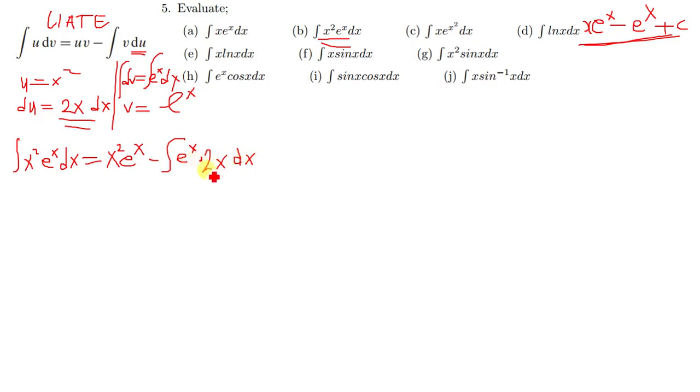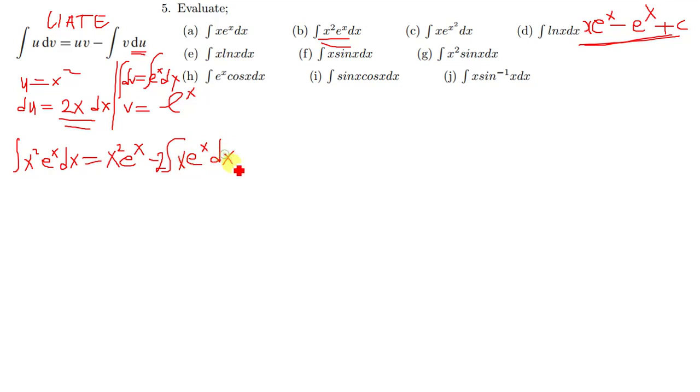So we can see that this expression can also be written in other form. It can also be written as two outside, and then we have x e to the power x dx.